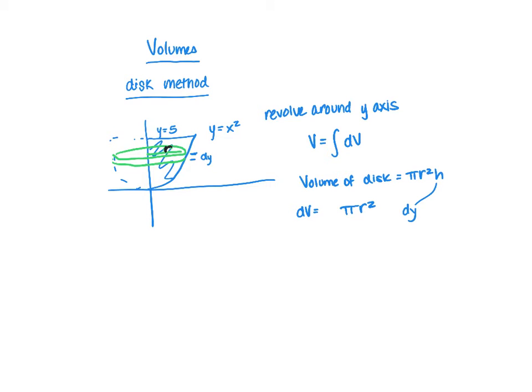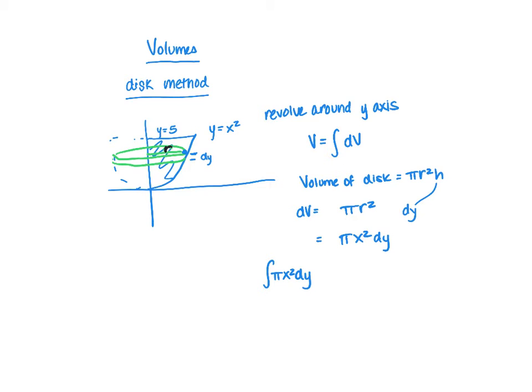So we have to figure out what variable describes the radius. Looking at this picture, the radius is actually x. So that's pi x squared times dy, and this is what I'm going to integrate.